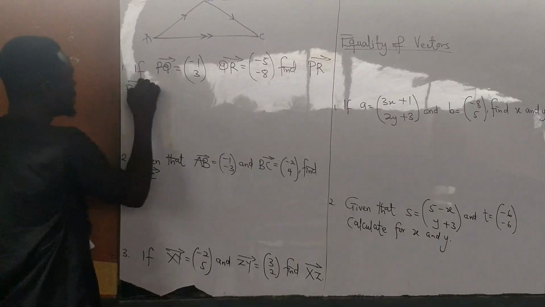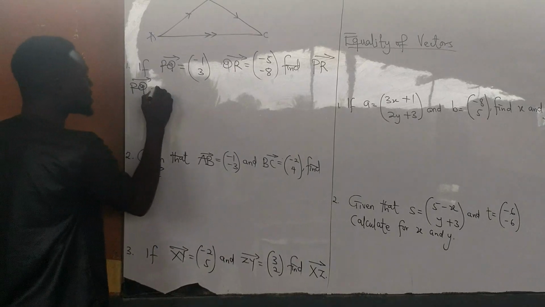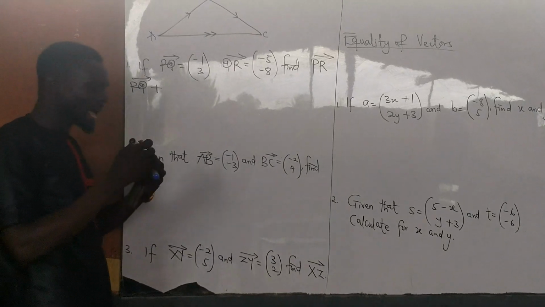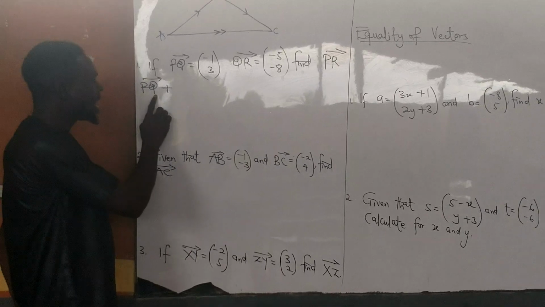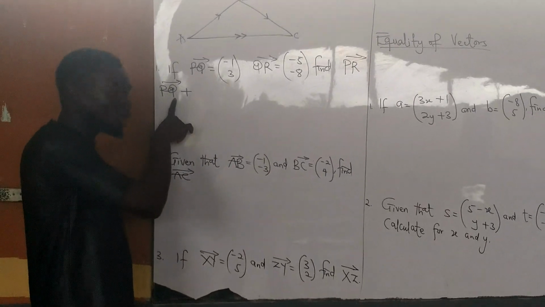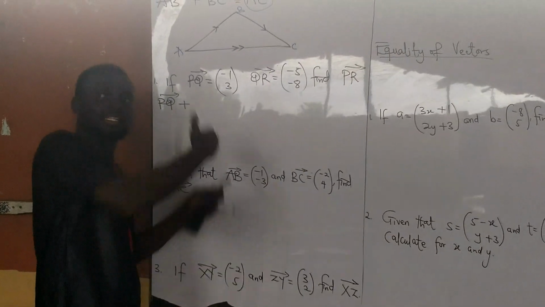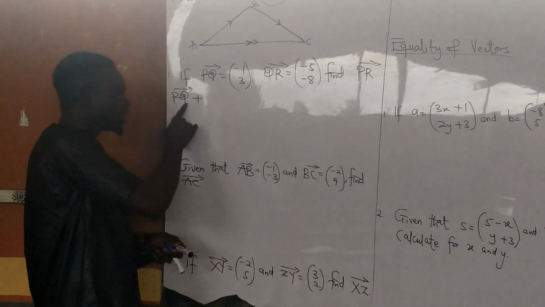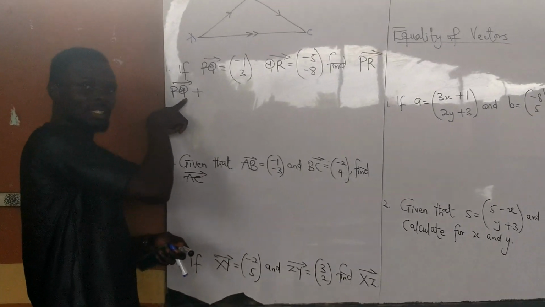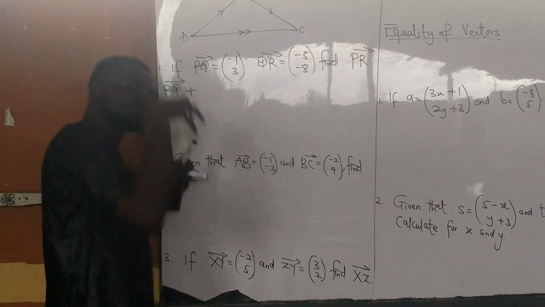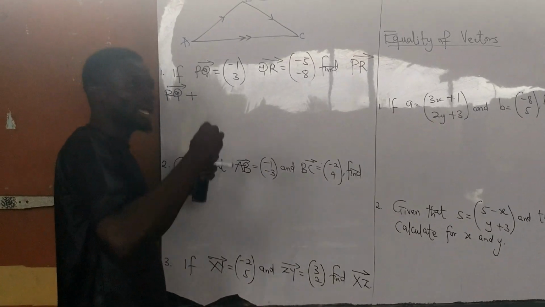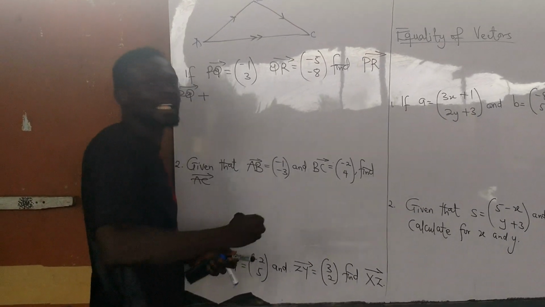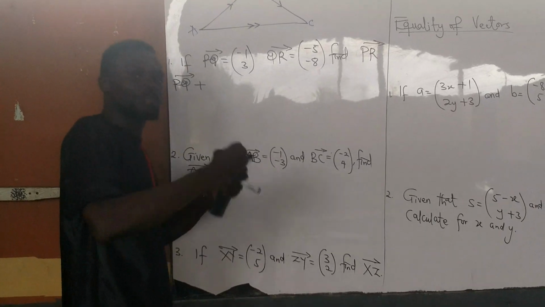So the vector PQ plus, when we started, I told you that the second point of the first vector becomes our first point for the second vector. So the second letter of the first vector becomes our first letter for the second vector.